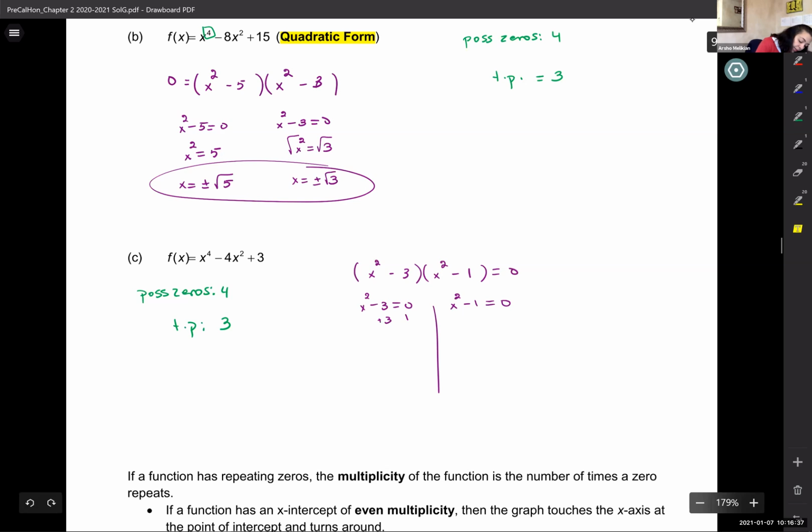Add 3 to both sides. x equals plus or minus root 3. And here, x squared equals 1. Take a square root. x is plus or minus 1. All right? Okay. And that's where I will stop for today, and I will take some questions.